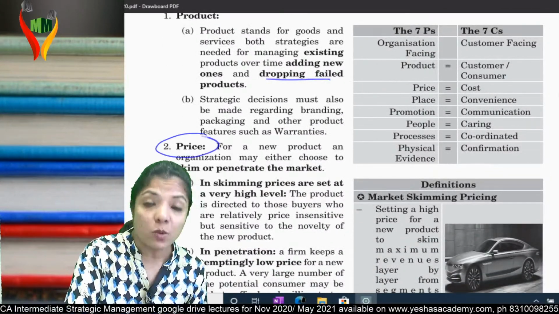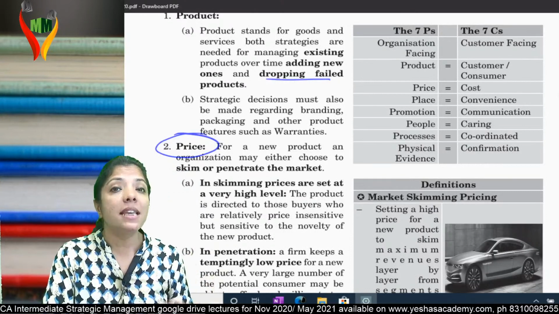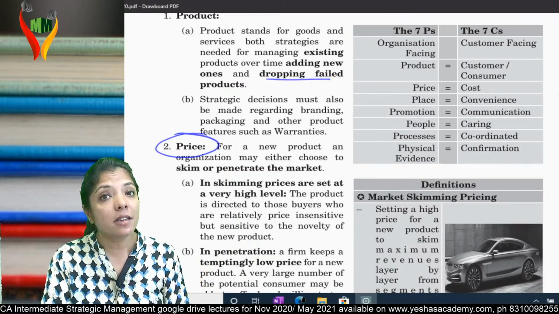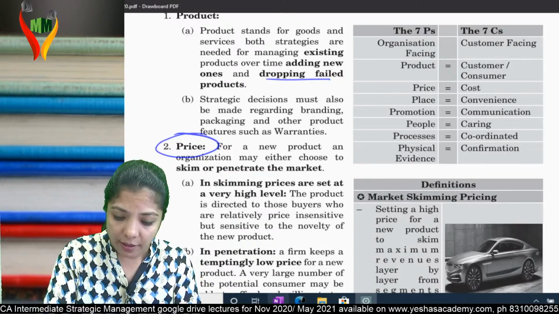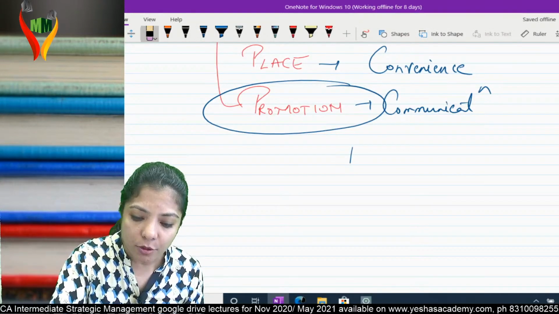Now come to price, very important. In price, you have two options: either keep the price high or keep the price low. See, I have two types of customers.